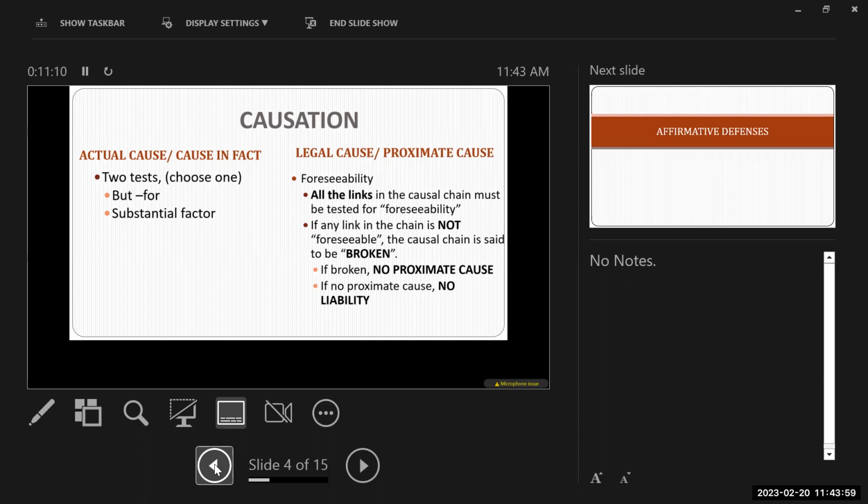And if it's broken, then there's no proximate cause. If there's no proximate cause, there's no liability, because we've already established that in order to be liable, not only do I have to have a duty, not only do I have to have a breach, I have to satisfy both of the mandatory prongs of causation, and then I have to have damages. And so I think that's a fairly good recap of negligence.